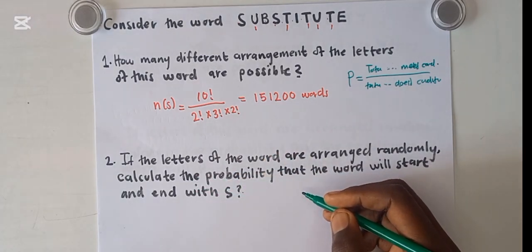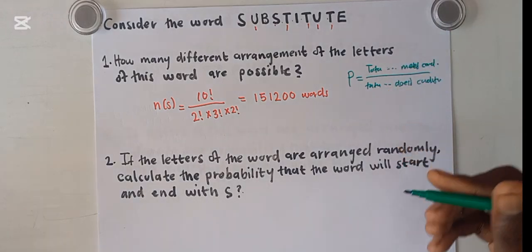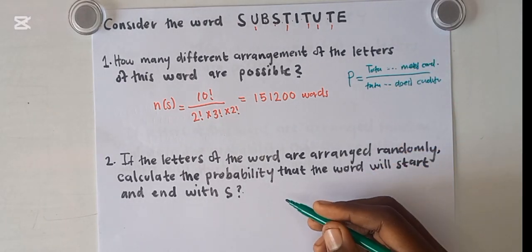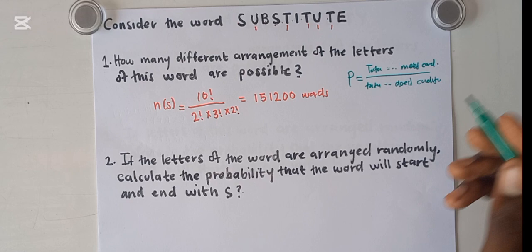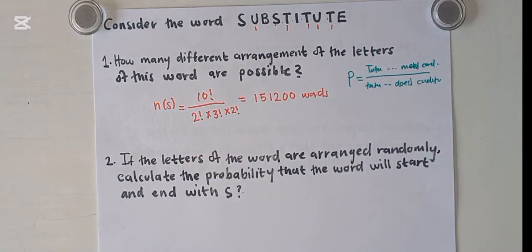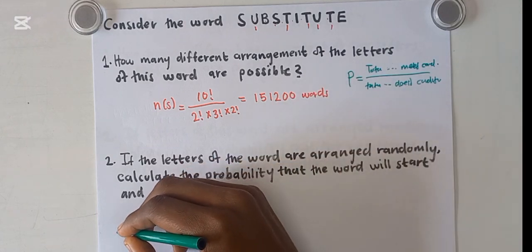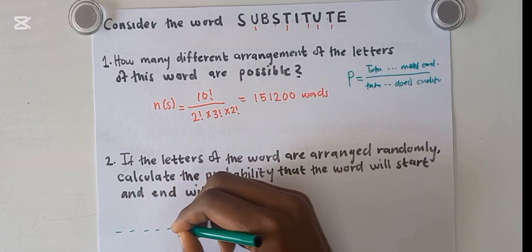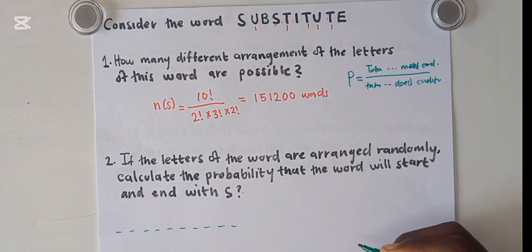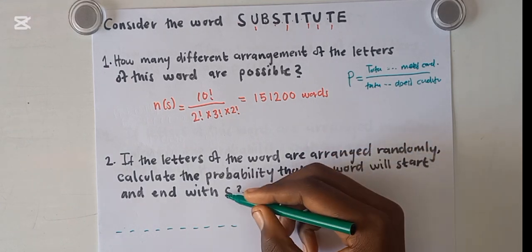On our previous video, we dealt with something whereby when they condition a certain thing, we remove it there so you don't make mistakes. So what they are saying basically is, since we have 10 letters, 1, 2, 3, 4, 5, 6, 7, 8, 9, 10, it must start and end with s.